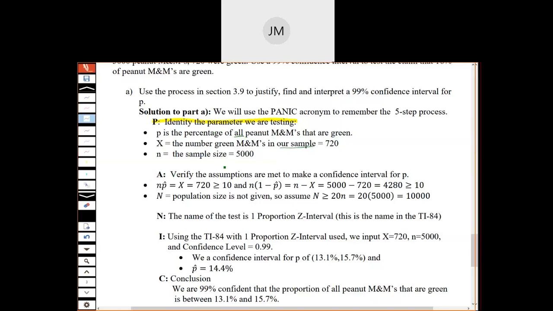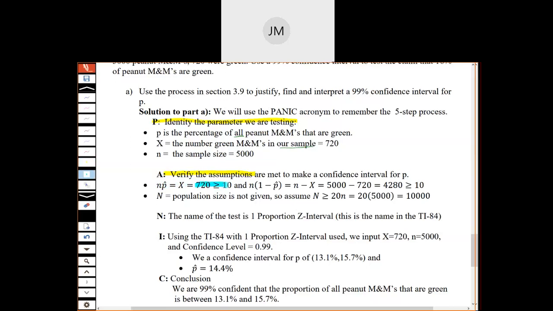The next step is to double check the assumptions. Remember we had 2 bullet points, but it's really 3 assumptions, right? One of them is that NP, which is the same as saying the number of yeses, or the number of green M&Ms, is bigger than 10.